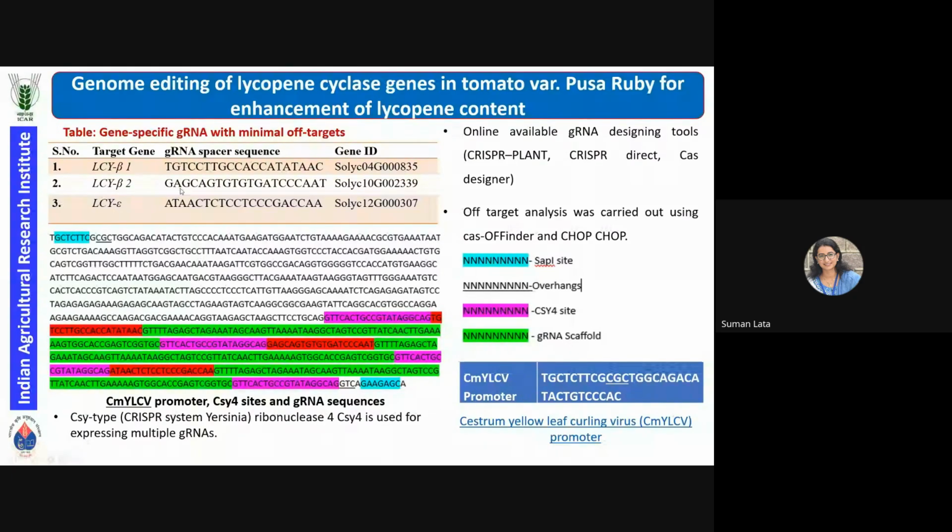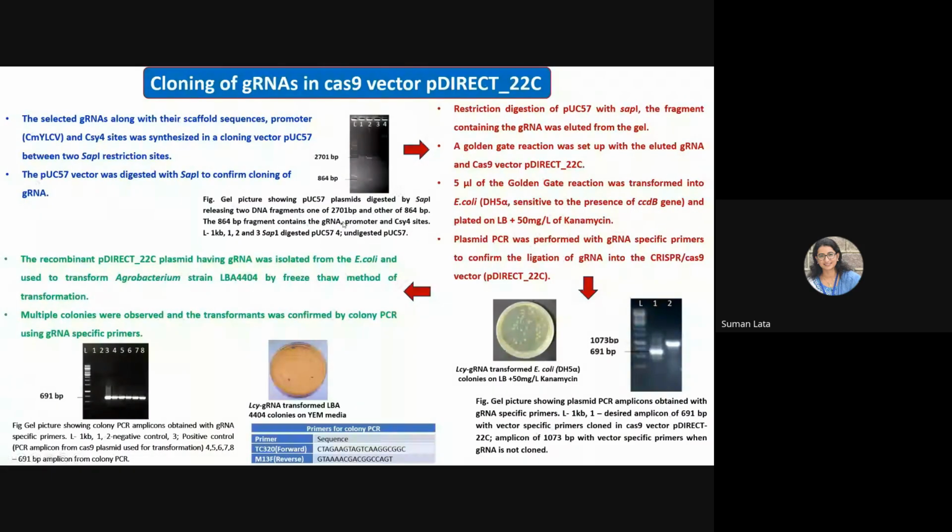We have designed these sgRNA sequences, and then we have cloned these sgRNAs in the sequencing vector. After confirmation of this cloning in the sequencing vector, they are cloned in the pDIRECT 22C vector, which is the Cas9 vector.